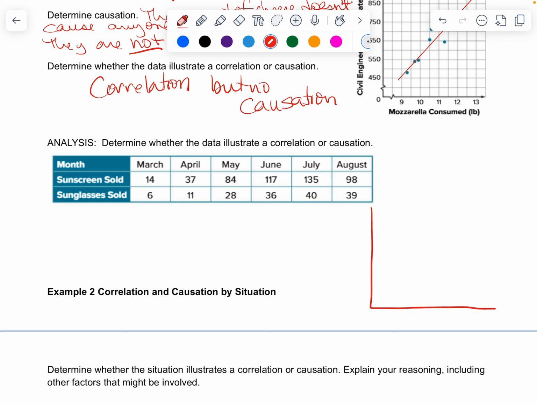If I'm thinking about sunscreen, look, this is getting bigger, right? This is getting bigger. We didn't even have to graph it. So this has a positive correlation.